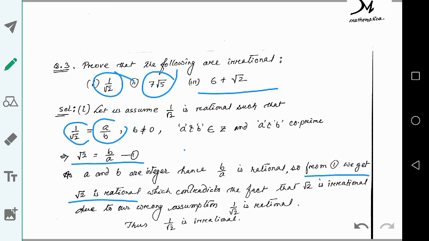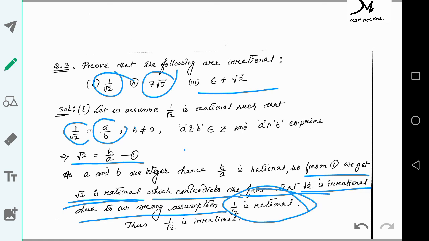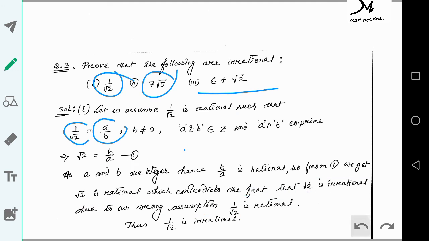This contradicts the fact that root 2 is irrational. Why does this contradiction occur? Due to our wrong assumption. What is the wrong assumption? That 1 by root 2 is rational. This is a wrong assumption. Then what should be the correct statement? Thus 1 by root 2 is irrational.